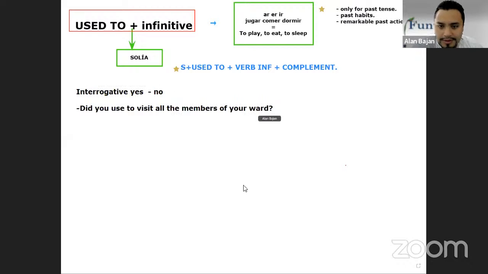Okay, so basically this is the structure for an interrogative sentence. We have first the auxiliary did, plus the subject, plus the expression used to, plus the verb in infinitive, plus the complement.